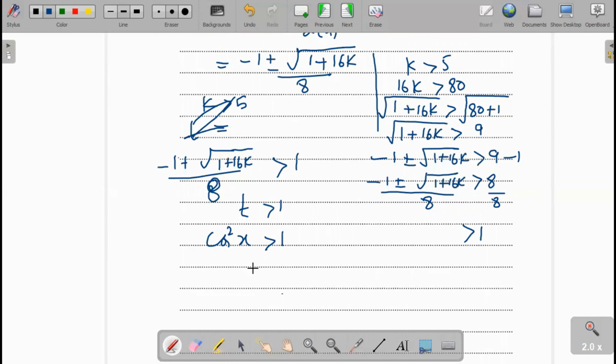We know the range of cos square x is greater than or equal to 0 and less than or equal to 1. Therefore, cos square x greater than 1 is not possible because the values of cos square x lie within the range of 0 and 1.